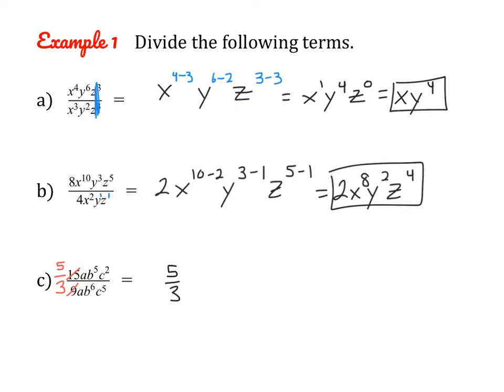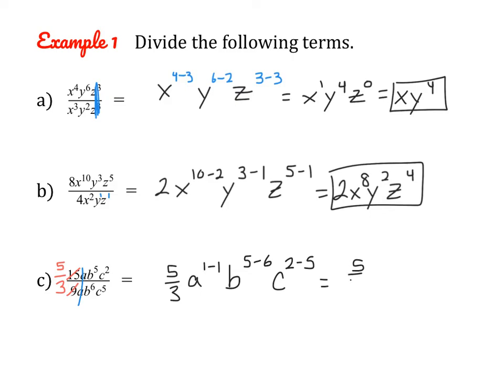So 5/3, and then here we have a 1 on top and a 1 on bottom, so you can probably guess that those are going to cancel each other out because it's 1 minus 1, so I'm going to cross it out here. For b, we have 5 minus 6, and for c, we have 2 minus 5.